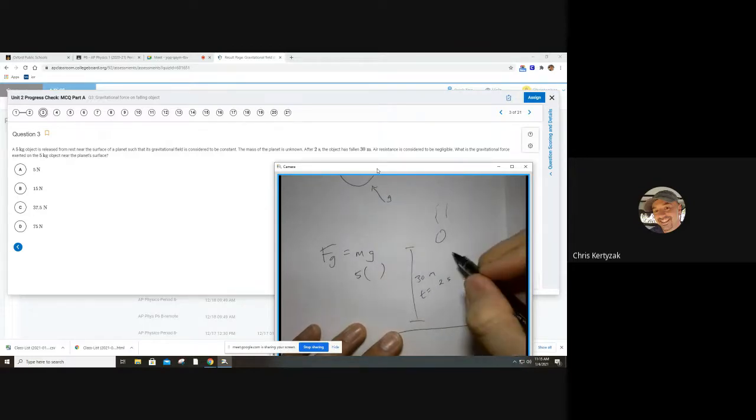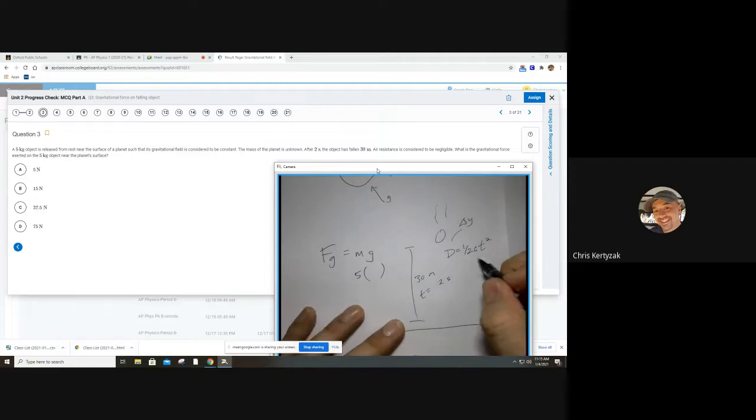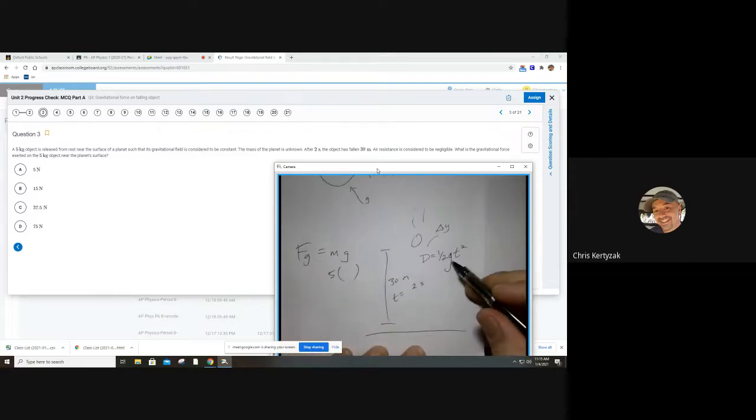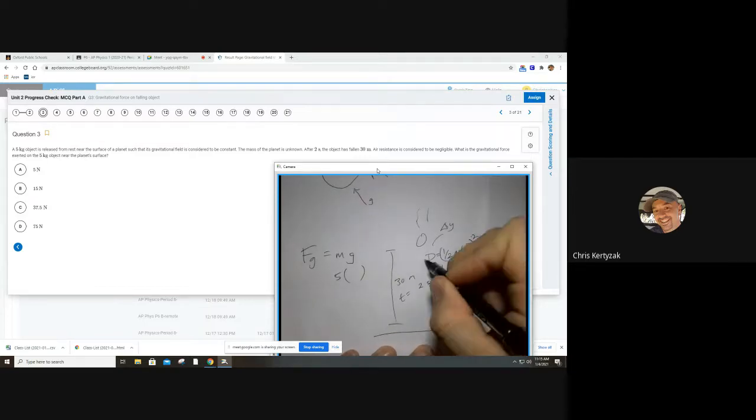So technically, we have the position formula, right? Distance equals 1/2 a t squared. You could call it delta y if you wanted, the change in vertical height. And the acceleration we're solving for here is really the acceleration due to gravity because it's falling, right? So if I solve this for g, algebraically, I'd have to multiply both sides by 2.